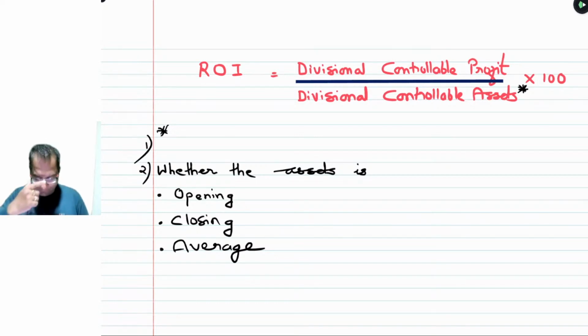So write down the third point: the fixed asset should be after deducting the depreciation charge.